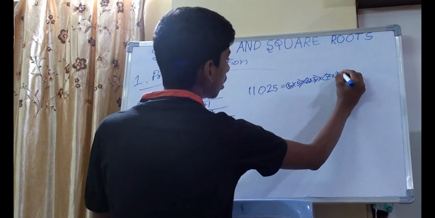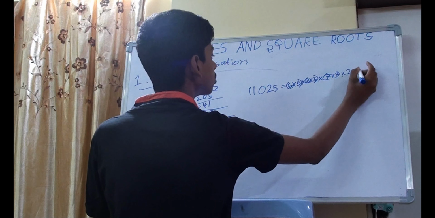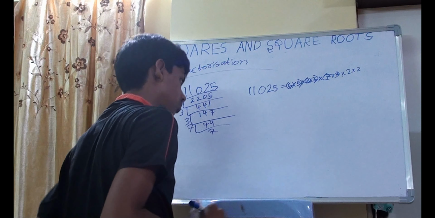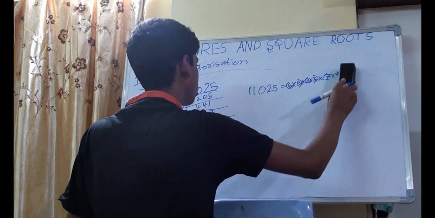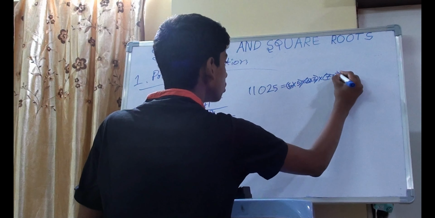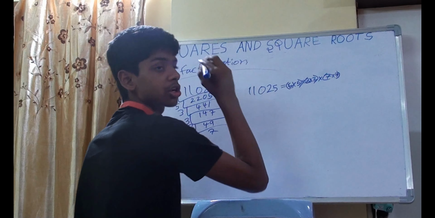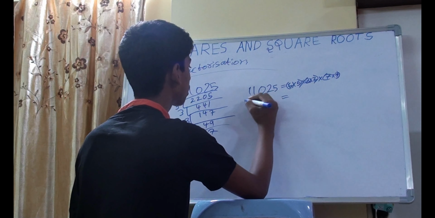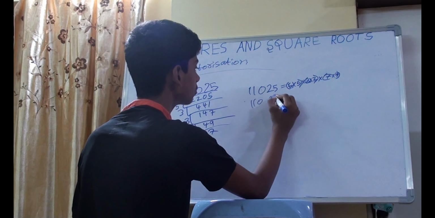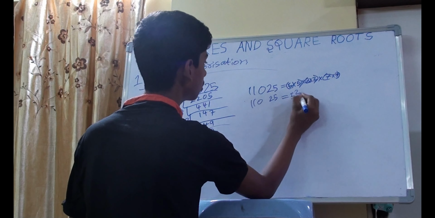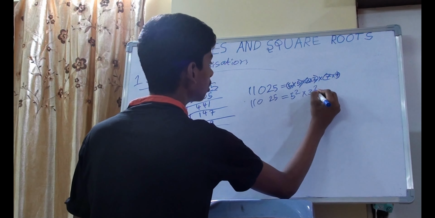We might even have 2 and 2, and we take that as a pair too, but we don't have it now, so we won't consider it. Now 5 times 5 is nothing but 5 square, so 5 square into 3 square into 7 square.